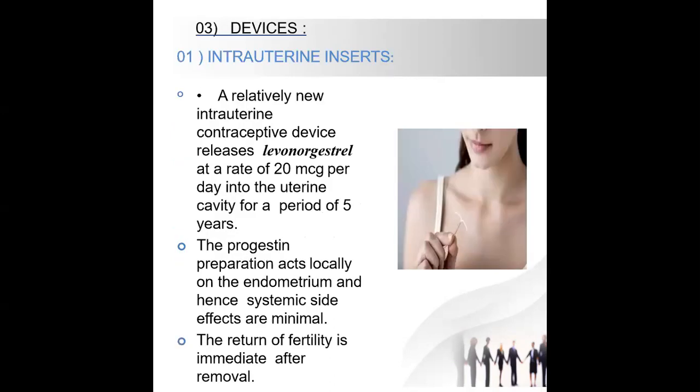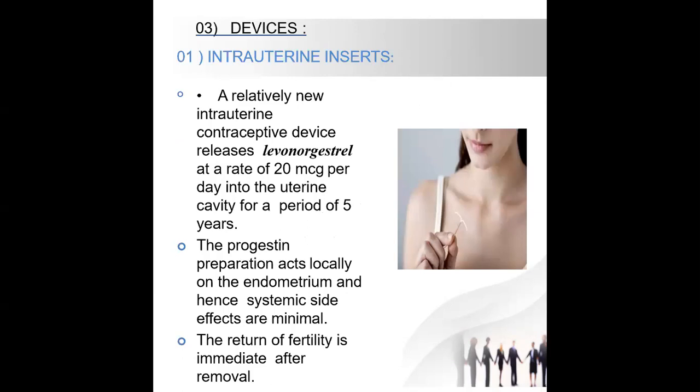Then when you look into the devices, we do have intrauterine inserts or intrauterine devices. They are relatively new intrauterine contraceptive devices that release levonorgestrel at a rate of 20 micrograms per day into the uterine cavity for a period of 5 years.